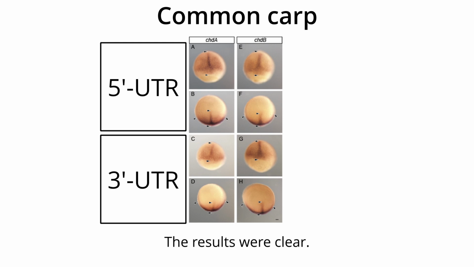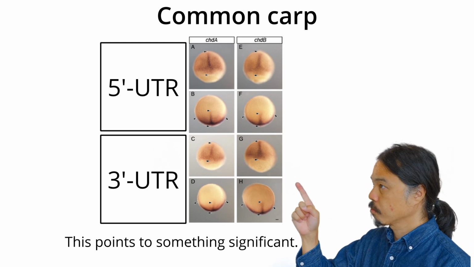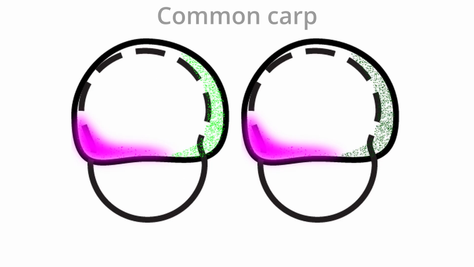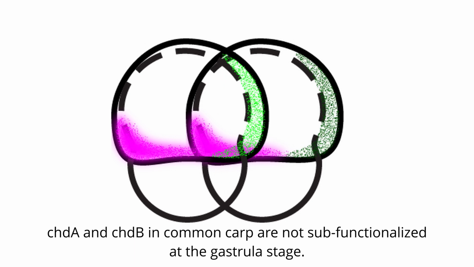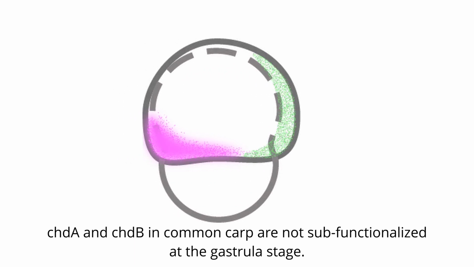The results were clear. Both probes showed almost identical overlapping expression patterns in early gastrula stage embryos. This points to something significant. Unlike goldfish, coding A and coding B in common carp are not subfunctionalized at the gastrula stage.